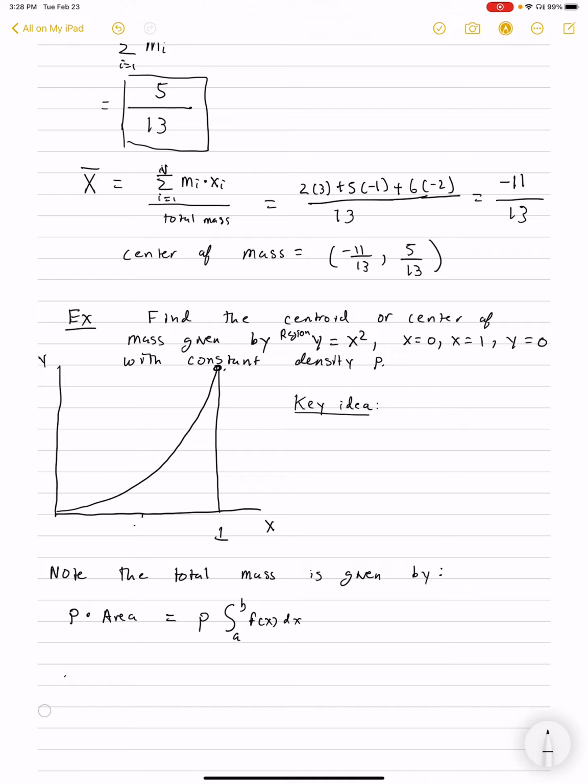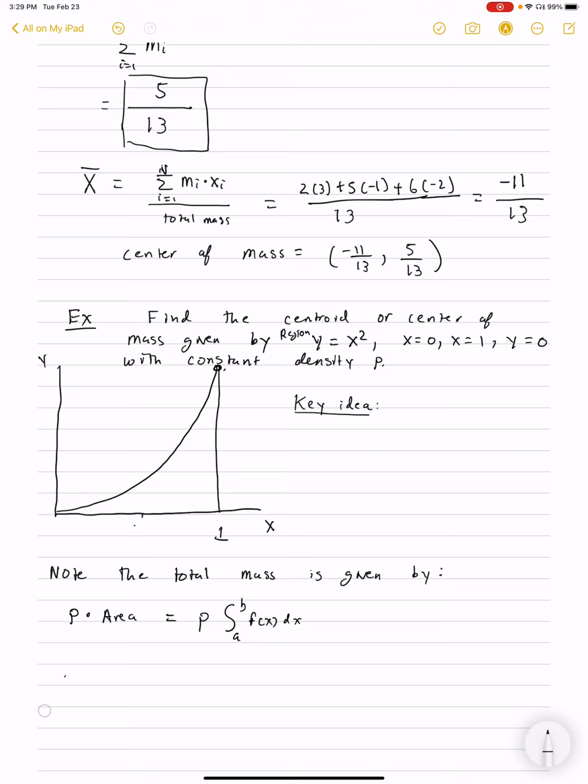Now, that was for discrete points. I want us now to find the center, or centroid, of the mass given by this region. So it's y equals x squared, x equals 0, x equals 1, and y equals 0. And this produces an area.